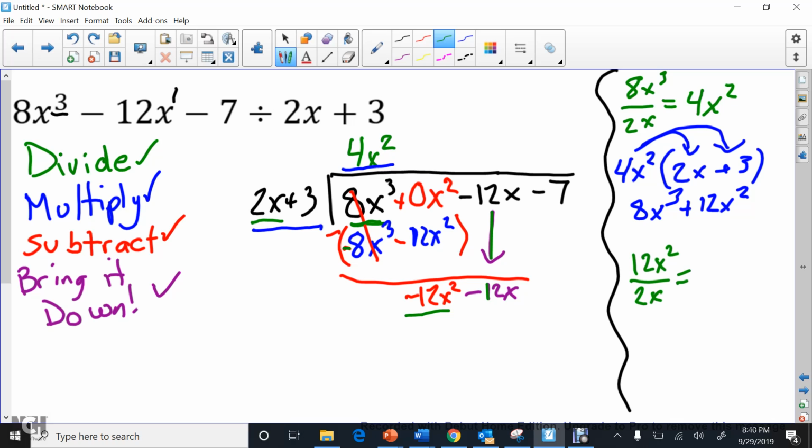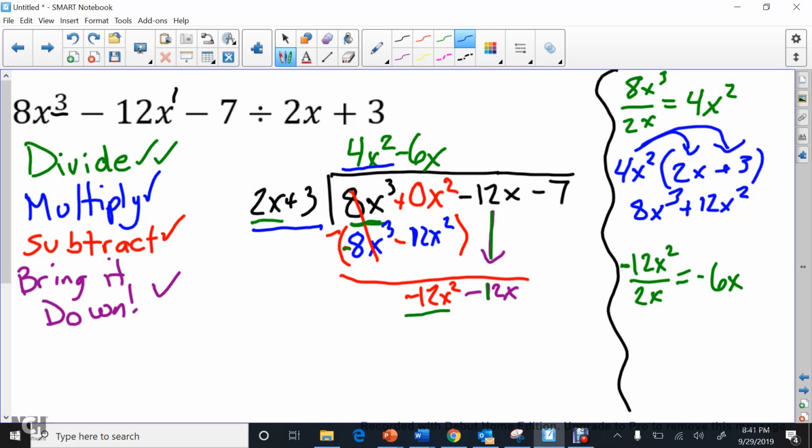This was a negative 12x squared, so make sure we keep our negatives in there. Negative 12 divided by 2 is negative 6. X squared divided by x leaves me with a singular x. That is what I will put on top of my division. I have finished my second round of division.